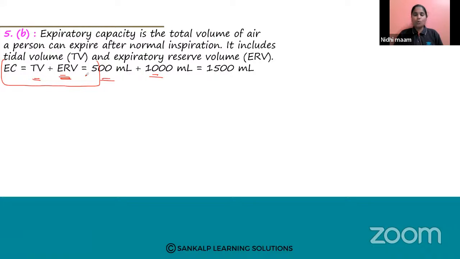So overall, how much he will exhale out, that is nothing but 1500 ml. So the expiratory capacity is equal to tidal volume plus ERV, expiratory reserve volume. So the answer is 1500 ml.